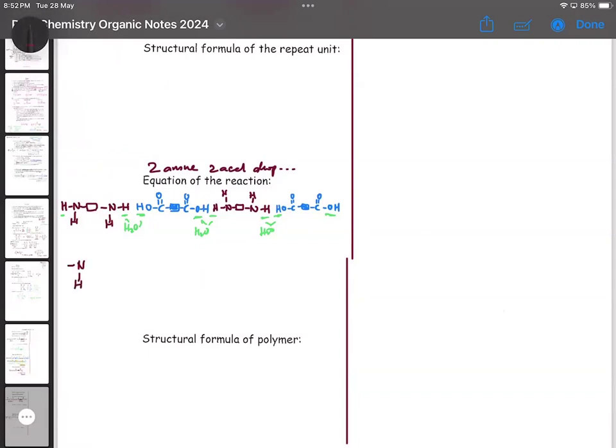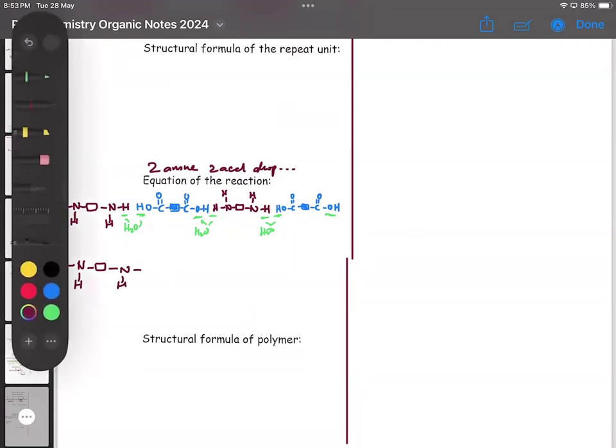Okay, whether you draw the H on top or below the nitrogen, not important. And then the acid in blue.